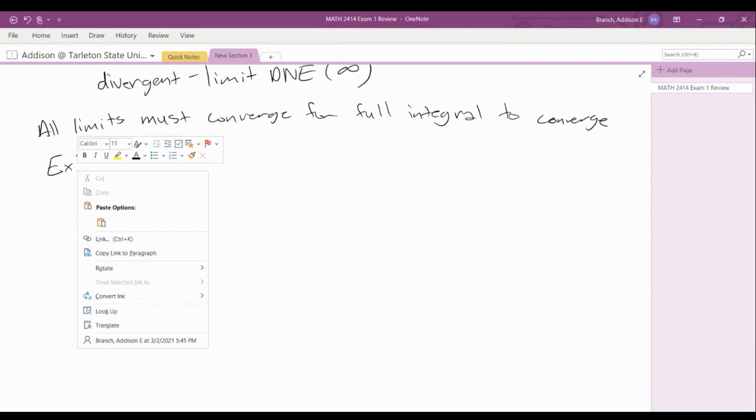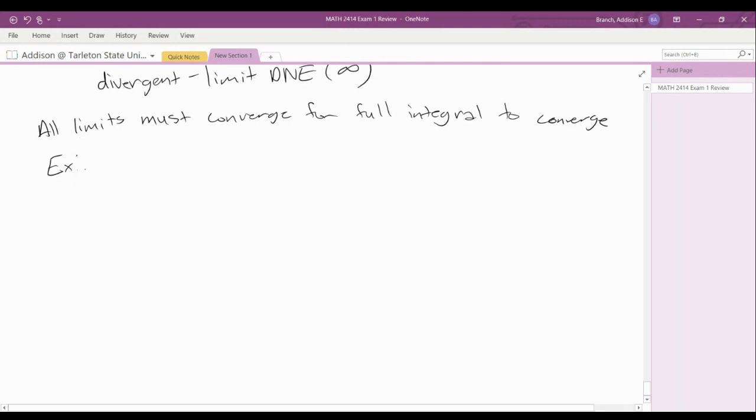Okay, so if we want to see if this is convergent or divergent, we have the improper integral from 9 to 0 of 1 over (x minus 1) to the 1/3. Do we have any discontinuities in here? Just go ahead and put where we would have a discontinuity, or if one of the bounds is causing an issue.